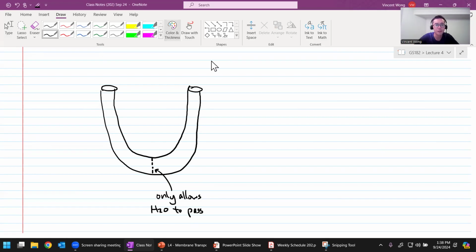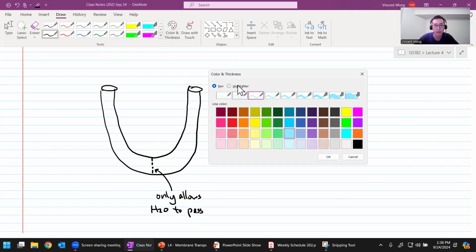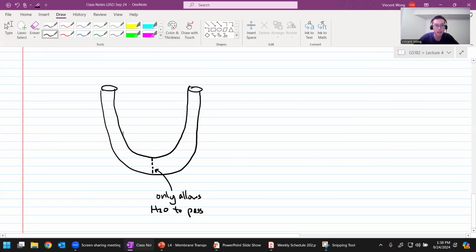We are going to fill up the two sides with some water. I'm going to fill it up here, and I'll do the same and fill it up to the same level. There we go. So that's the water here.